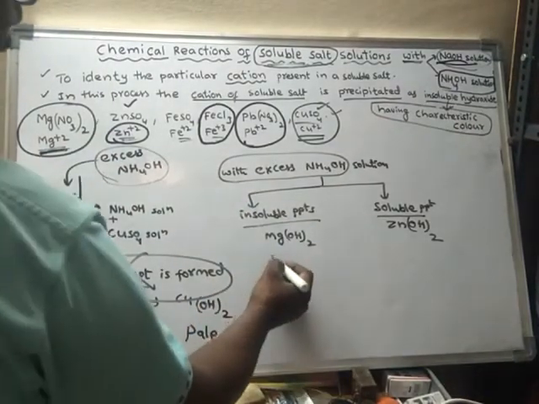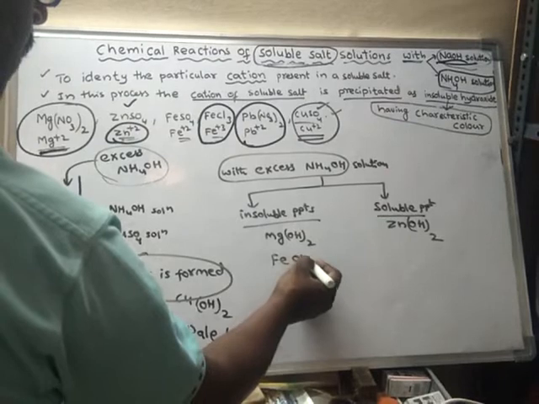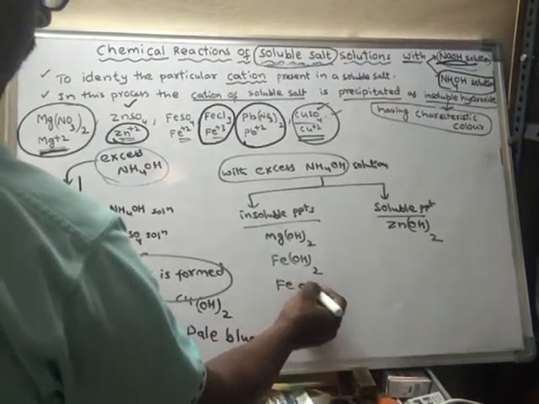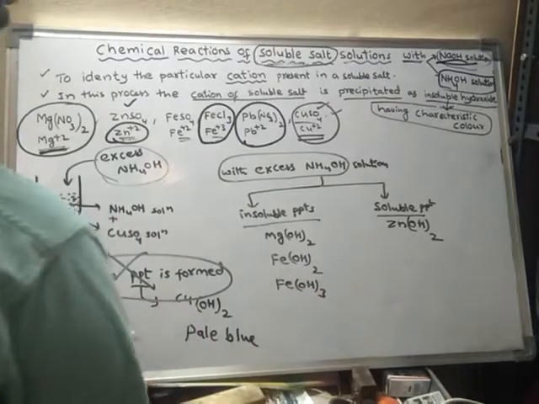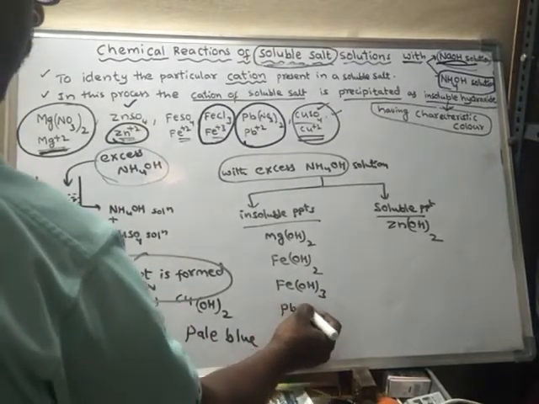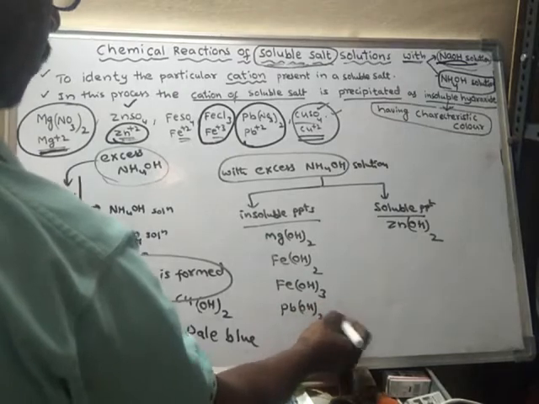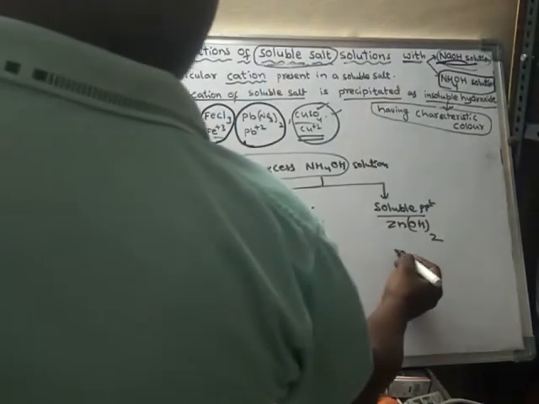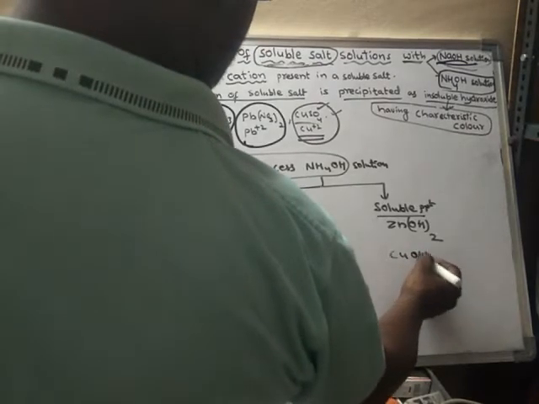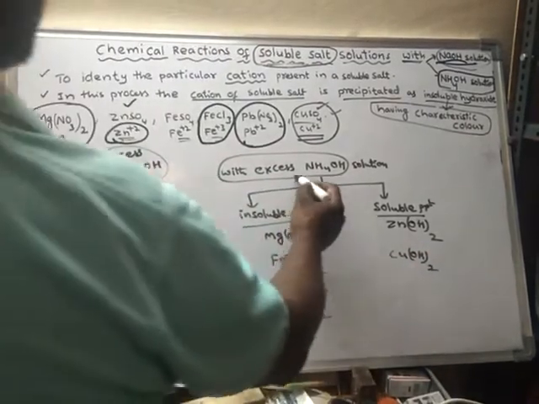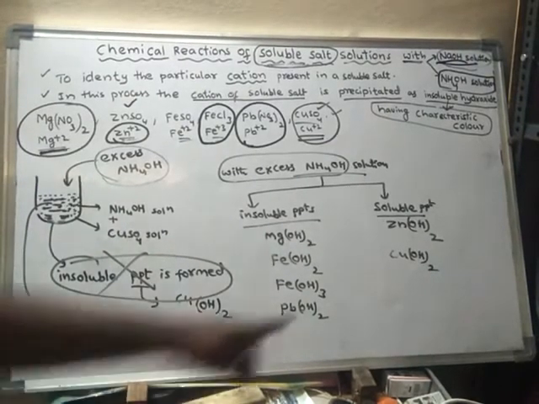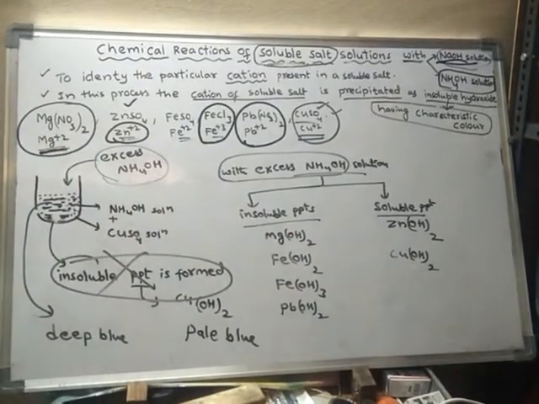Ferrous hydroxide is also insoluble, ferric hydroxide is also insoluble, and lead hydroxide is also insoluble. Whereas copper hydroxide is soluble in excess ammonium hydroxide, dissolving to form a deep blue solution.